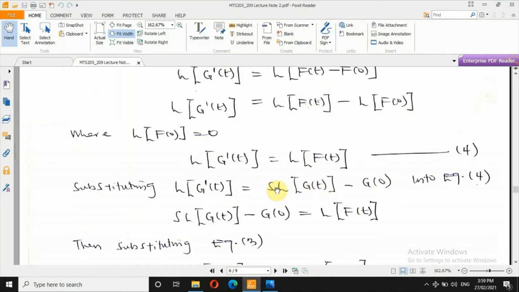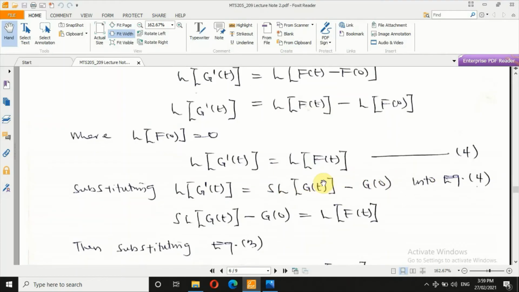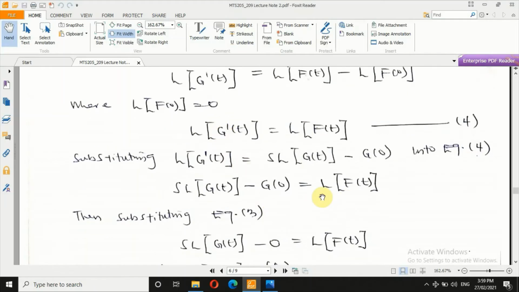L of g of t here is the Laplace of, before we said, f of small x. So we use this expression to represent the right-hand side of equation 4. So you now have s L of g of t minus g of 0 is equal to Laplace of f of t.